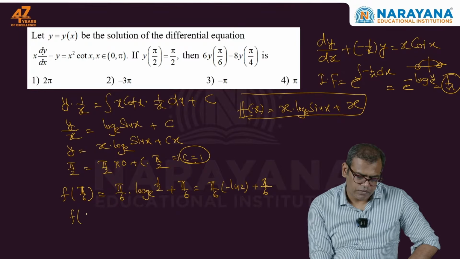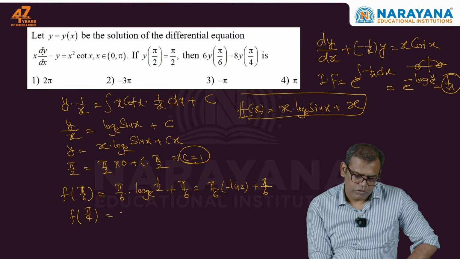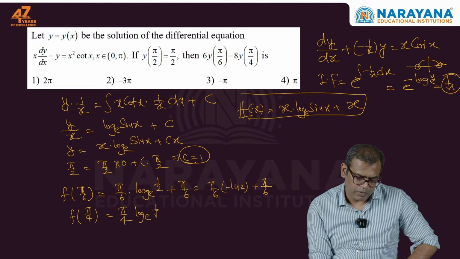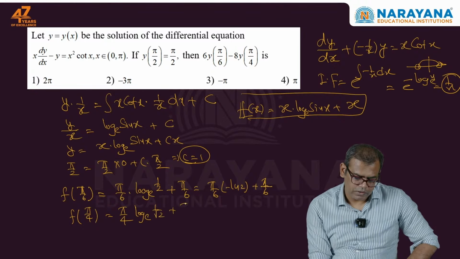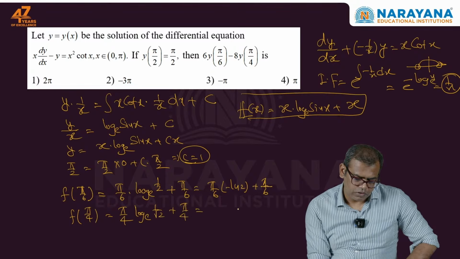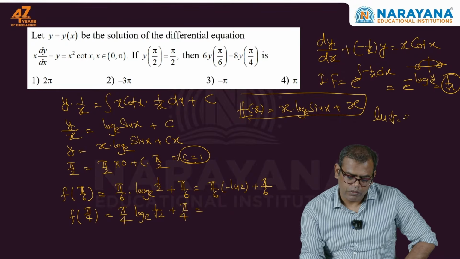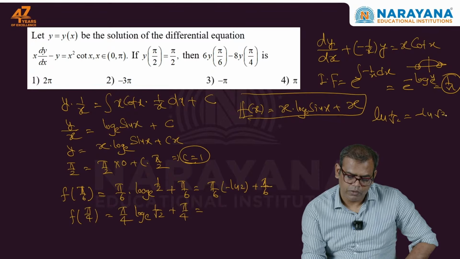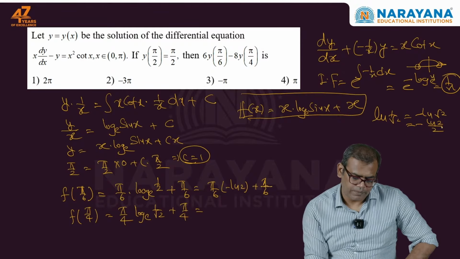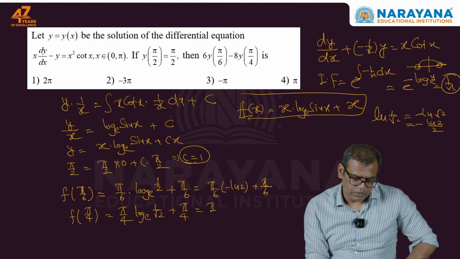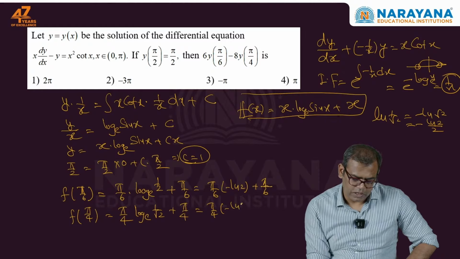Now f of pi by 4, put here pi by 4, so it is pi by 4 ln 1 by root 2 plus pi by 4. So now simplify it, ln 1 by root 2 is equal to minus ln root 2, equal to minus ln 2 by 2 will come. So here is pi by 4 into minus ln 2 by 2 plus pi by 4.